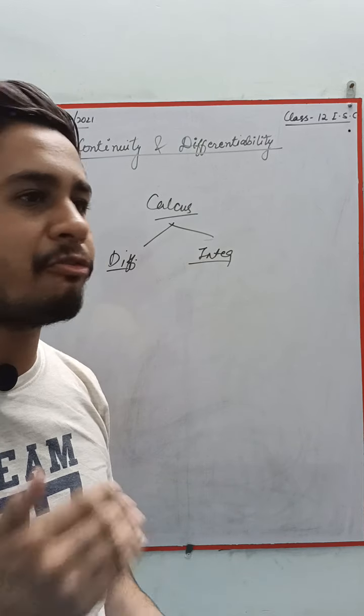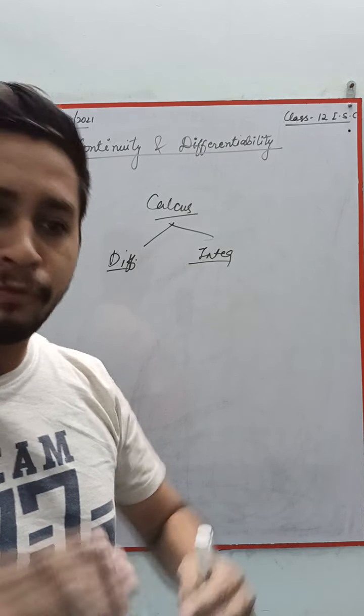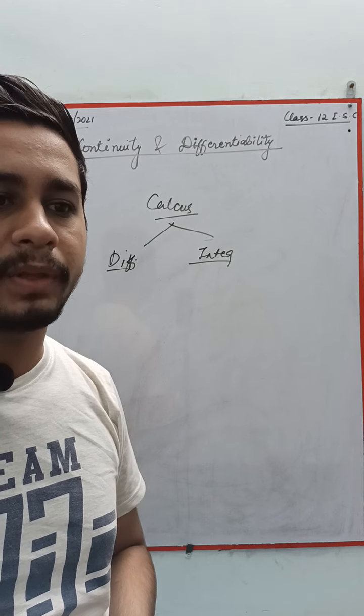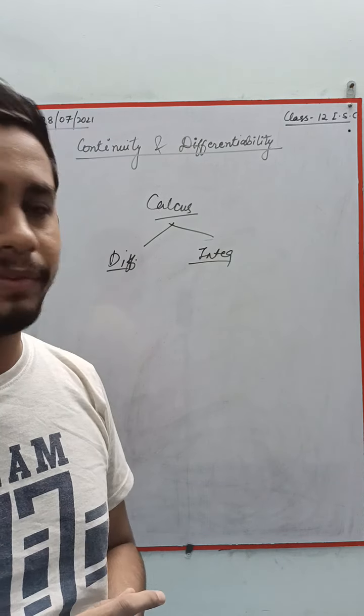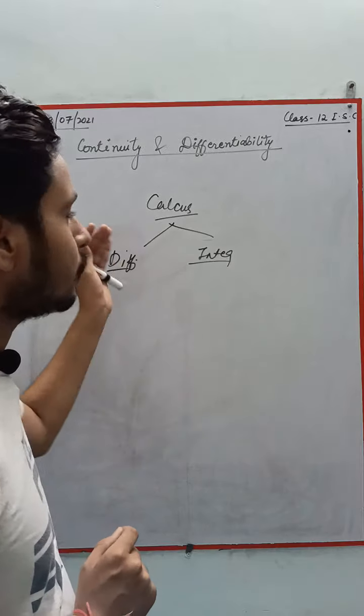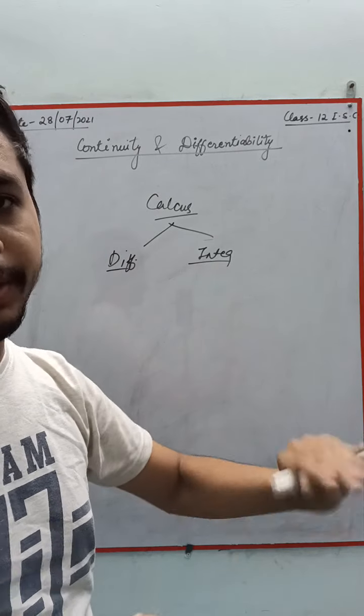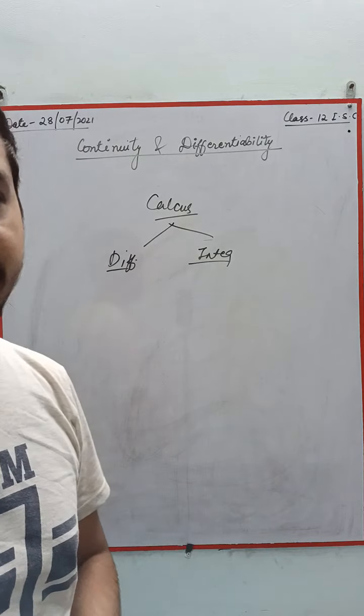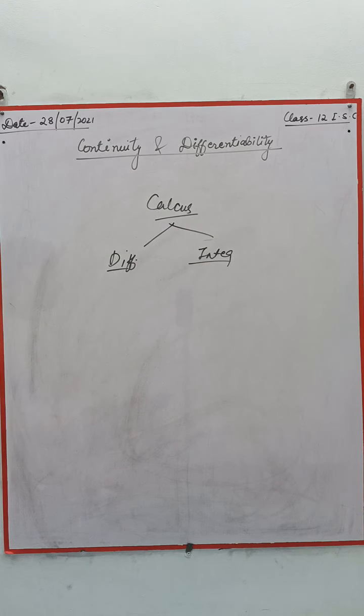Generally, we know the meaning of continuity: the thing which flows in a continuous manner, a streamlined flow. But in mathematics, how will we understand this? Let's understand with some graphs.